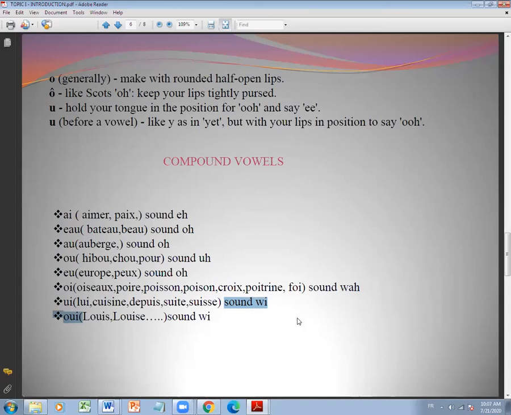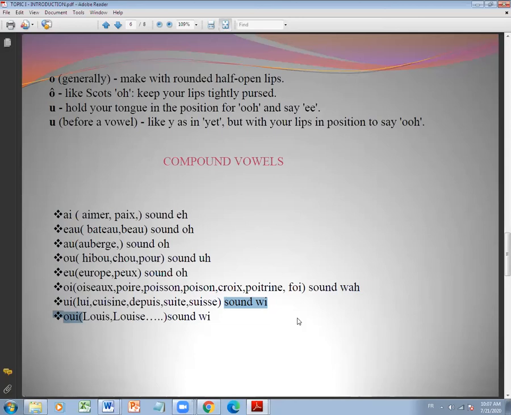We don't have the Kenyan omelette. So we say cuisine, and the E is silent.